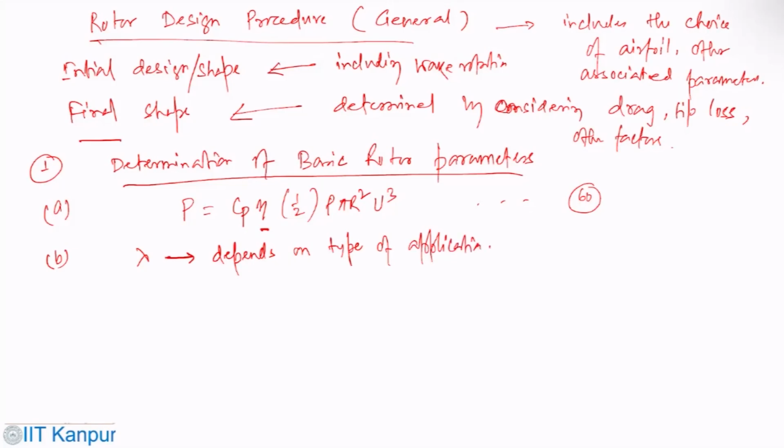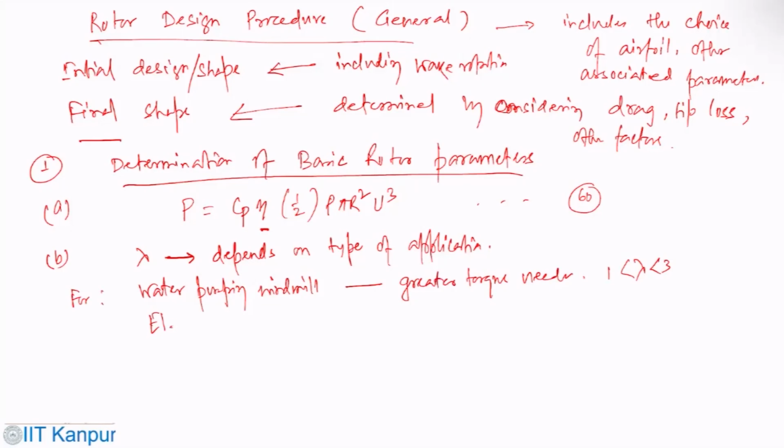For example, if you are doing a water pumping windmill, then greater torque is needed, so your lambda should be between 1 to 3. For electric power generation, you can use lambda between 4 to 10.